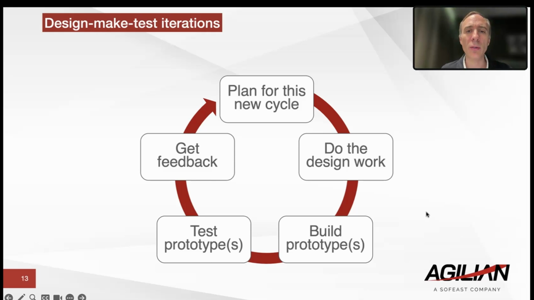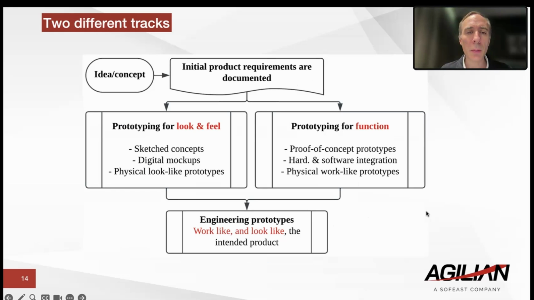different iterations. Another thing to keep in mind is that there are basically two tracks for most electromechanical products. One is for the look and feel, so you work with industrial designers, you go through sketches, mock-ups, etc., and then maybe physical look-like prototypes.